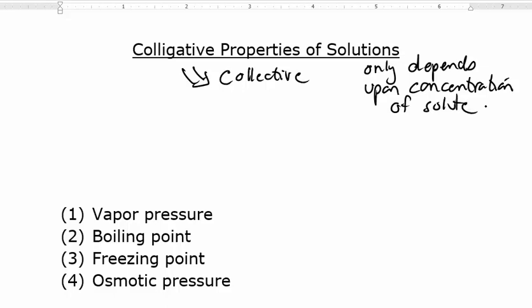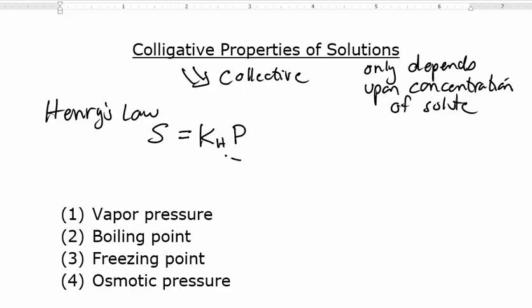So what's an example of a solution property that's not a colligative property, that does depend on the solute? Well, one example would be Henry's law. As you may recall, Henry's law says that the solubility of a gas in a solution will be given by a constant, K sub H, times the pressure of that gas over the solution.